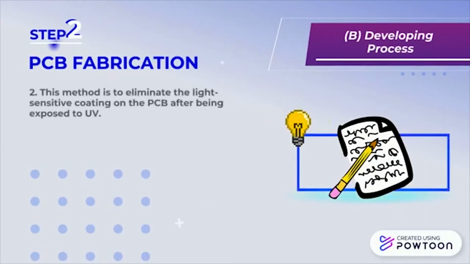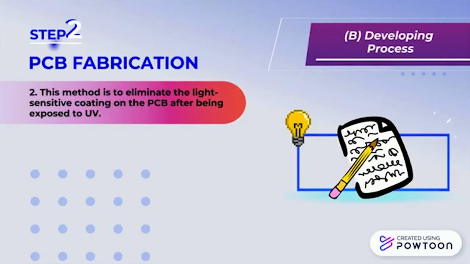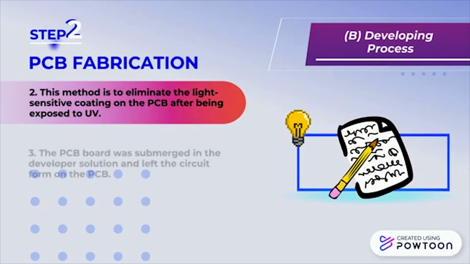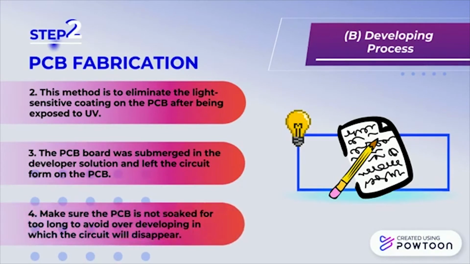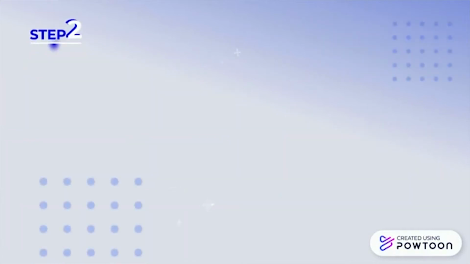This method is used to eliminate light sensitivity. The PCB board was submerged in the developer solution and left the circuit form on the PCB, and it is not soaked for a long time.